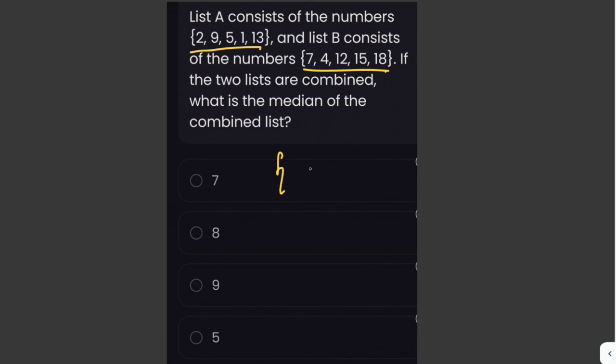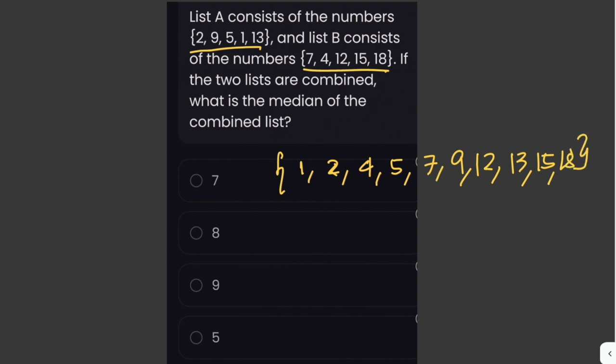So we start with the smallest number. That'll be 1, and then 2, oh, we have 4. So 1, 2, 4, 5, 7, 9, 12, 13, 15, 18.